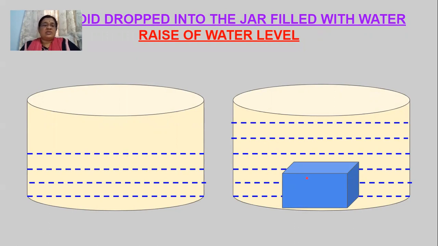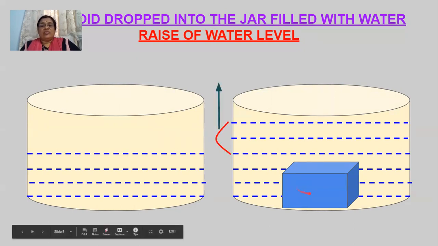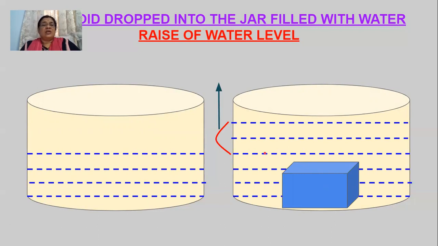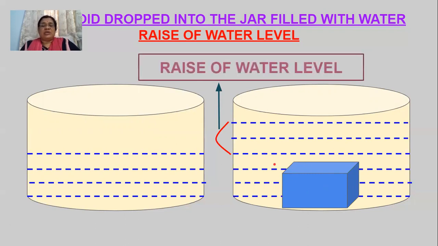When the cuboid is dropped in, the water level will rise to some level. So for finding the volume of this cuboid, you can take the quantity of water which is raised. That volume will be equal to the volume of the cuboid. I'll explain these types of problems in detail in this session.